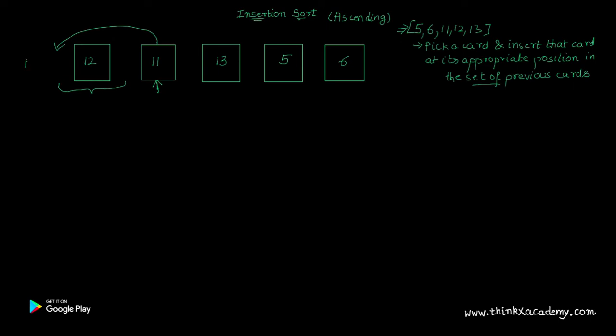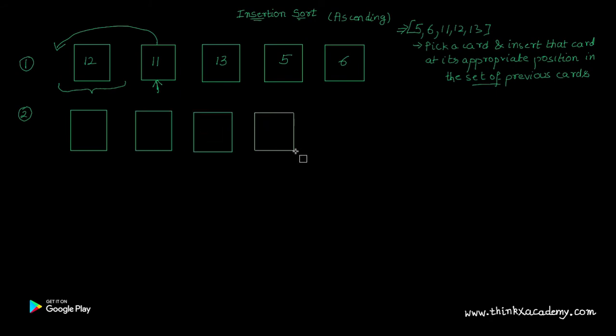So this is the first pass. Now in the next pass, or the next step, the cards will look something like this. 11 will come here, and then 12 will come here, then 13, 5 and 6.